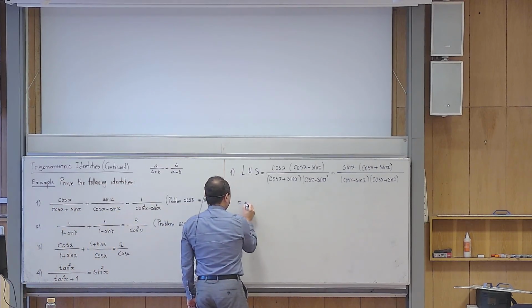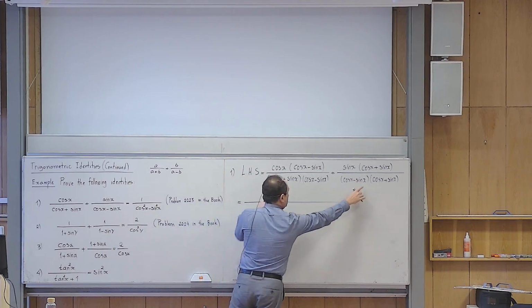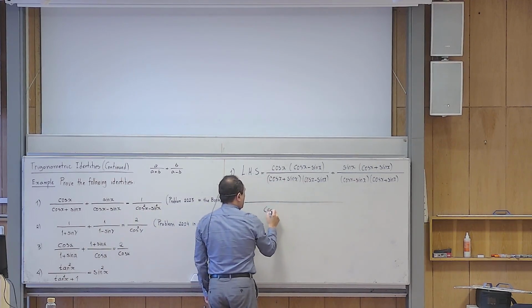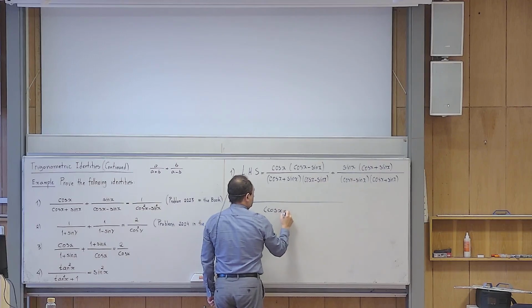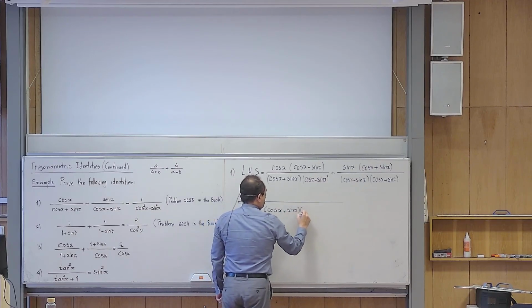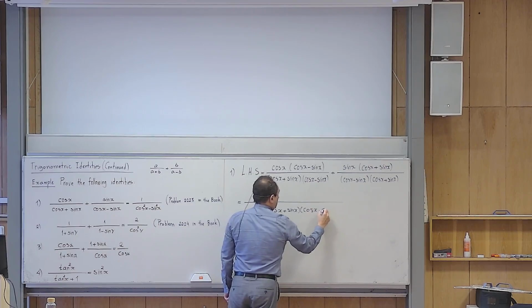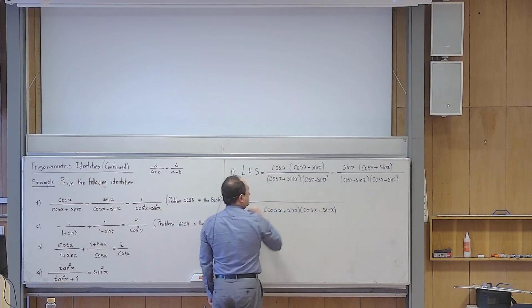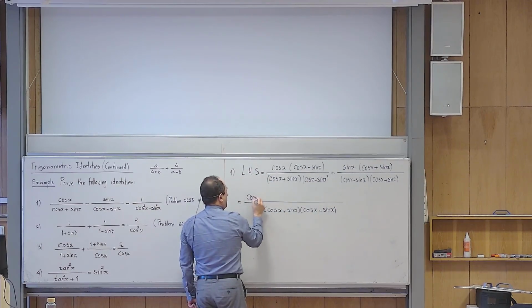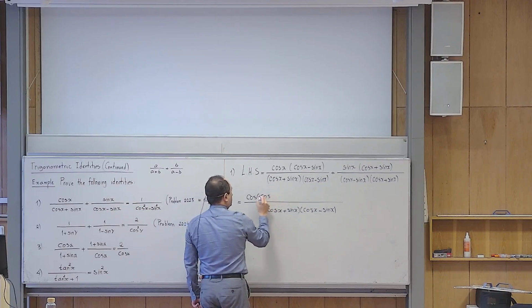So the good point here is that now I have the denominators the same, so I put the common denominator, and then I add the numerators.